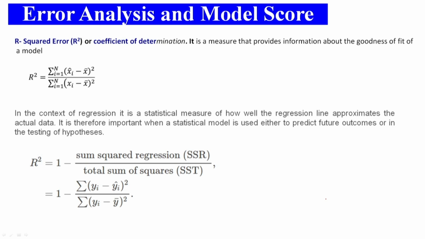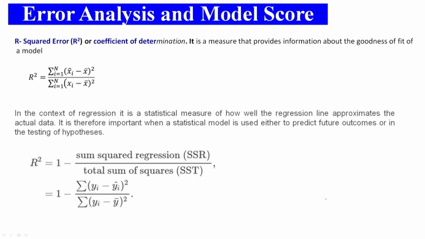Now, another parameter which is widely used is called R square, or what is called the coefficient of determination. It is a measure that provides you information about the goodness of fit, how fit your model is. So, you have a lot of data, you are fitting it with a model, how good a fit is that. You can see here, this is 1 minus the sum of y i minus y i hat squared divided by the sum of y i minus y bar squared.